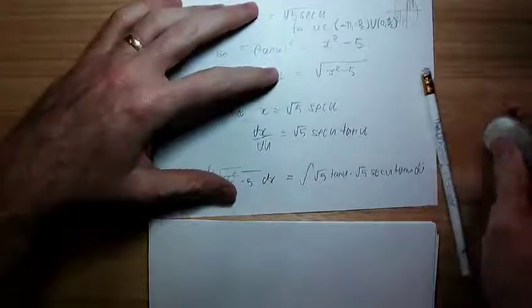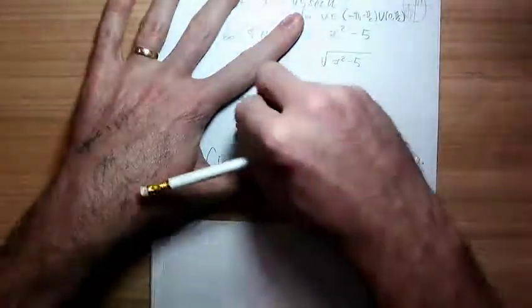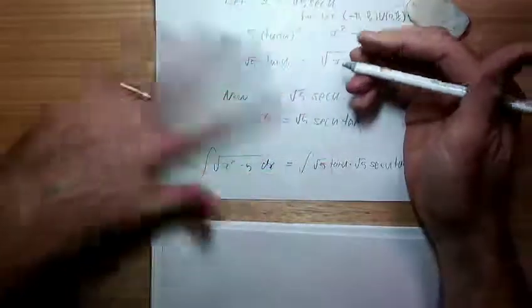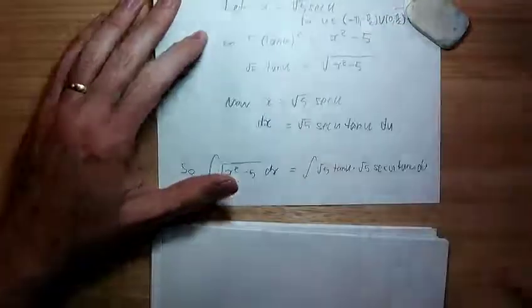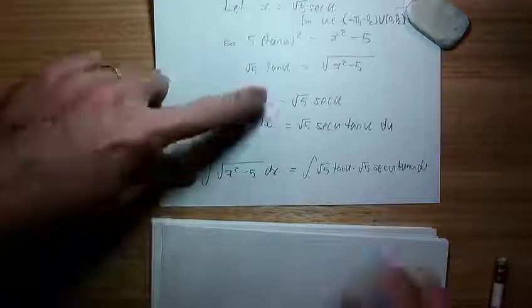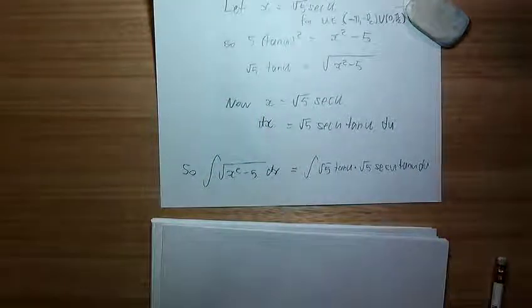I really should have written that in, shouldn't I? It is okay to go straight to that, straight to here if you like. Some lecturers do that as well. Okay, so what have we got?